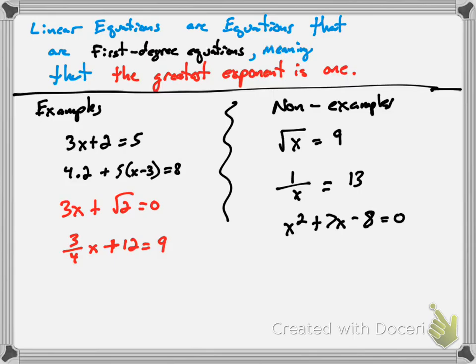Then we have 3/4 x plus 12 equals 9. The x, when it is right beside the fraction like that, actually can go in the numerator, because if that's multiplication, 3/4 times x, that's 3/4 times x over 1. And so the x is in the numerator, has a degree of 1. So those are some examples, some non-examples.